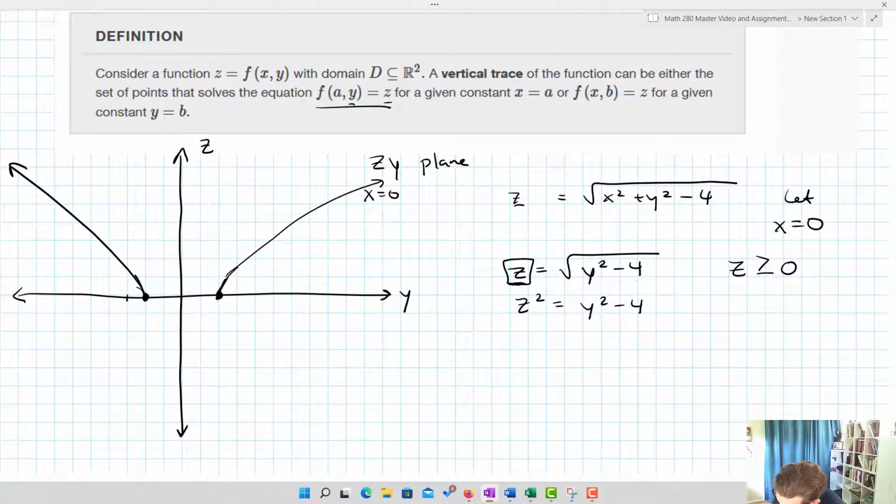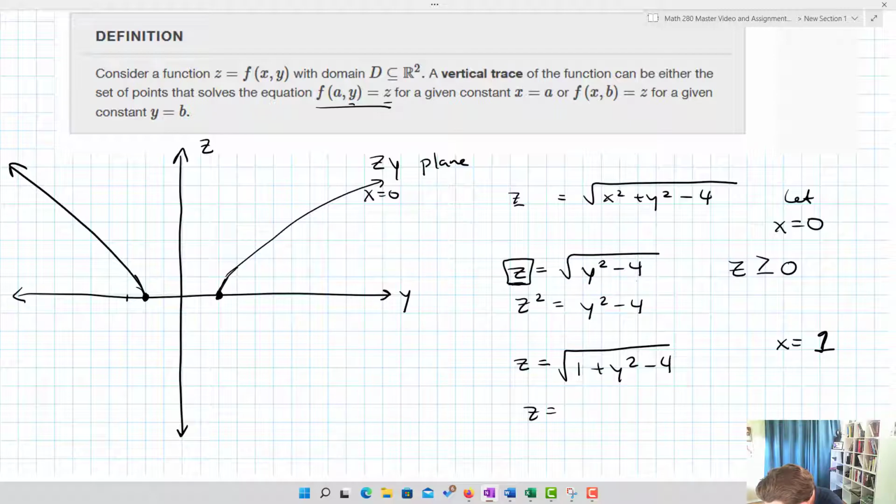Let's say, for example, instead, we let x equal 1. So then z equals the square root of 1 plus y squared minus 4. So z is going to equal the square root of y squared minus 3 now. So it's basically the same hyperbola, except we've now moved downward.